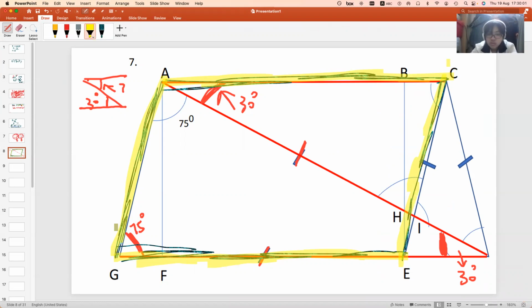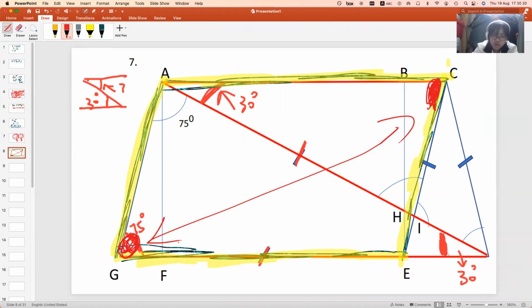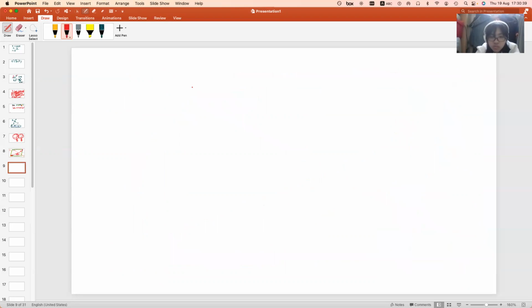Yes. So in a parallelogram, what is the thing about a parallelogram? This angle and this angle, they are equal. Why? For a parallelogram, opposite angles are the same. Am I right? Last time we talked about it.